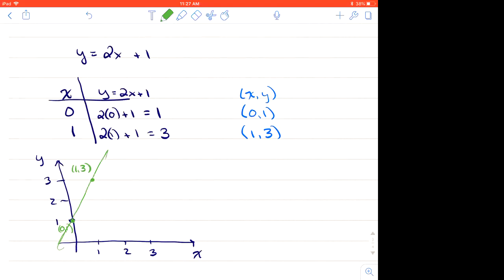Without the little wisps on the end. Those are accidents. Okay. And then it just keeps going and going and going forever. So this is the graph of y equals 2x plus 1. We did it. Cool. Any questions about that one?